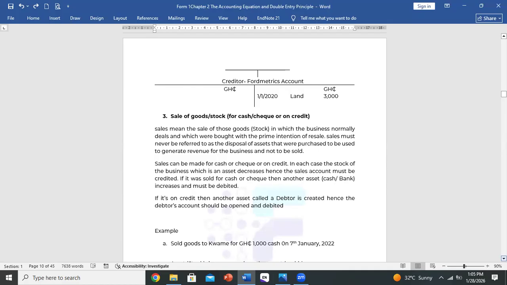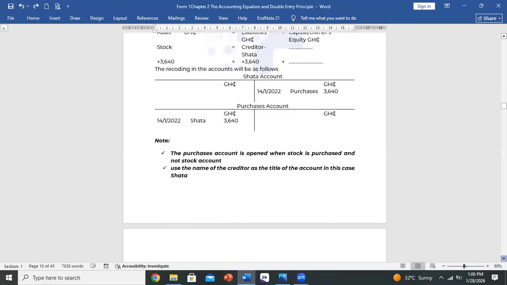After the purchase of goods, we have acquisition of a loan. When the business is going for a loan, what happens to our asset, capital, and liabilities?